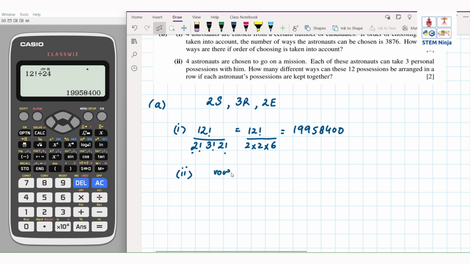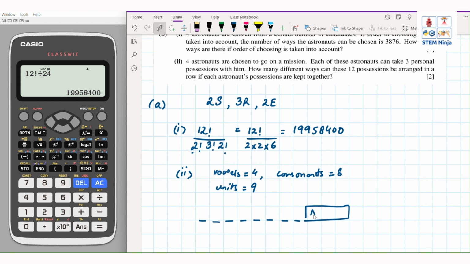If vowels are 4, then consonants will be 8. So the total units that you're arranging are 9. So 1, 2, 3, 4, 5, 6, 7, 8, and the ninth unit will be the one with the A, E, E, I.